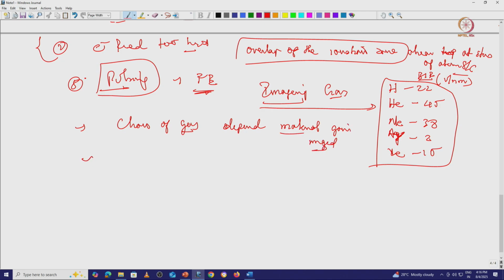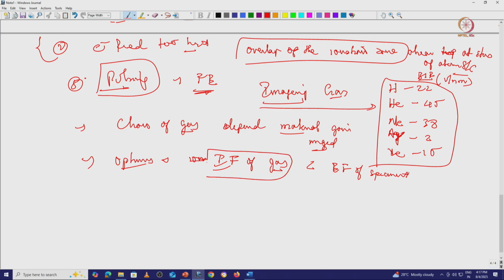The optimum condition is that the ionization field of the gas should be lower than the evaporation field of the specimen.